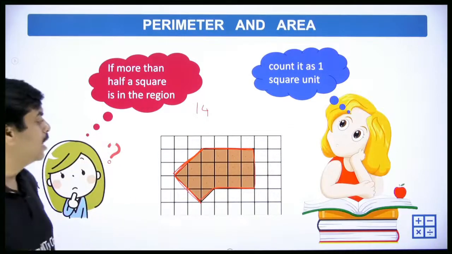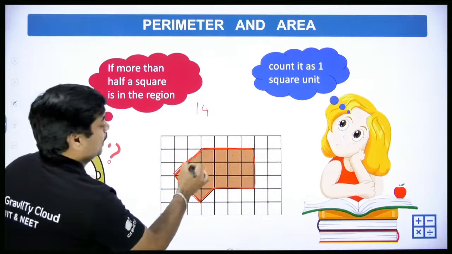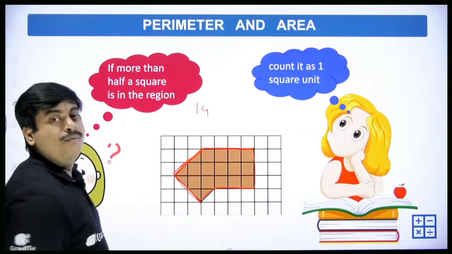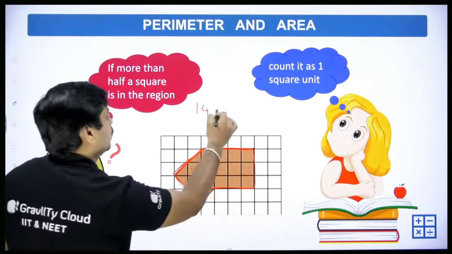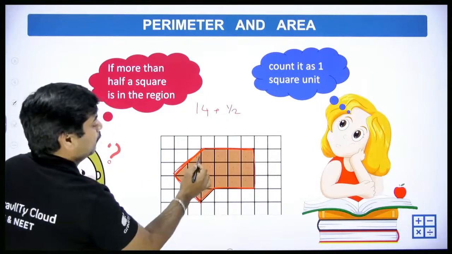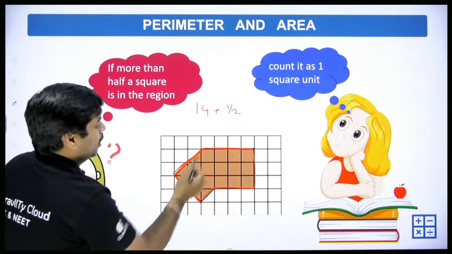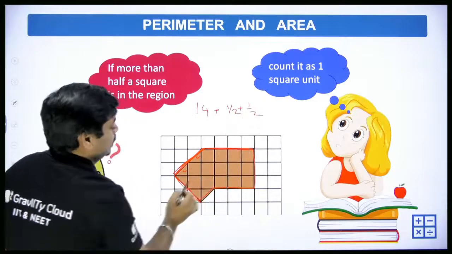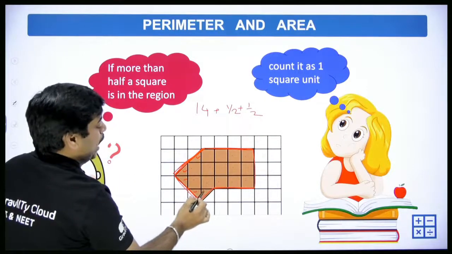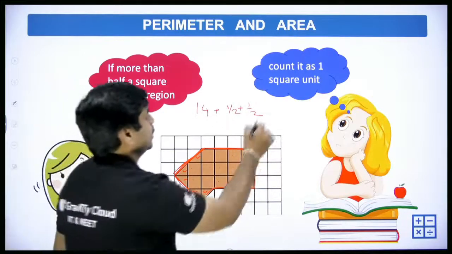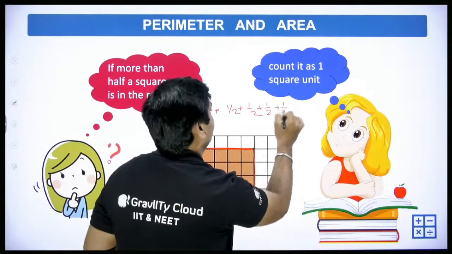But for the rest, you can see it is exactly passing through the middle, which is actually half. So 14 plus half, this is a half box, this is also half, plus half, and three more times, plus half, plus half, plus half.